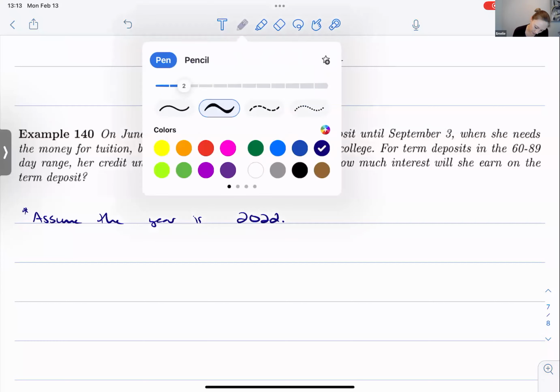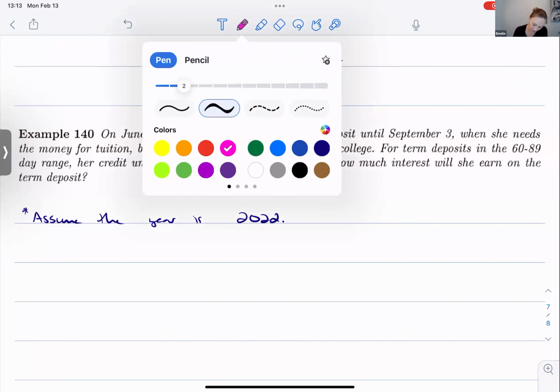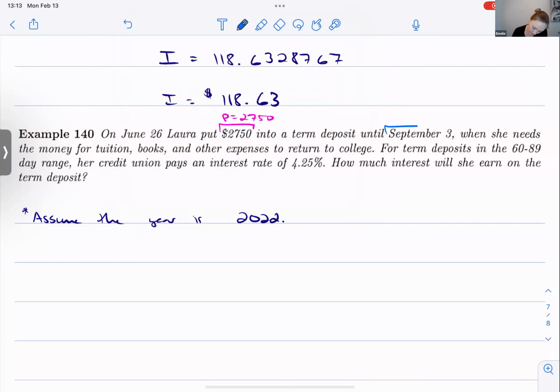Okay, so here, let's see. The initial amount, P, is $2,750. And date 1 is going to be September 3rd, 2022. So September is 09, and 03, 22.